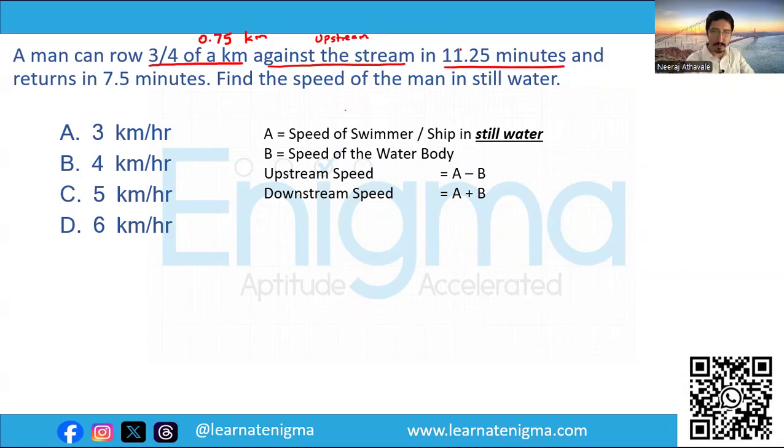Now we want the speed in kilometers per hour. Here we are given 11.25 minutes. The man is covering a distance of 0.75 kilometers. So we want the speed. So we want the distance covered in 1 hour, that is 60 minutes.